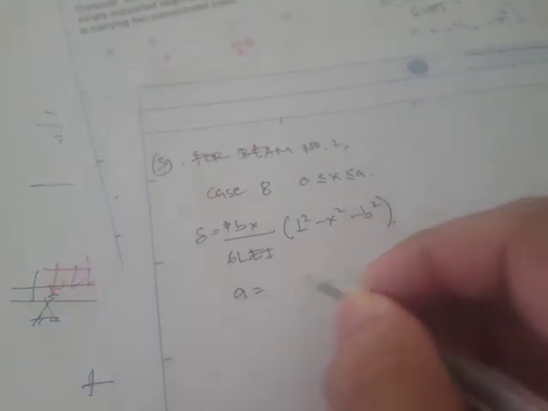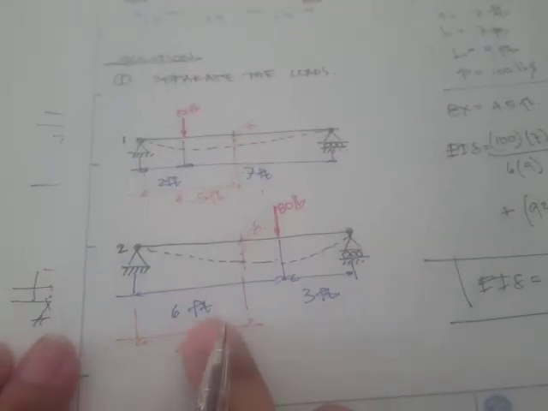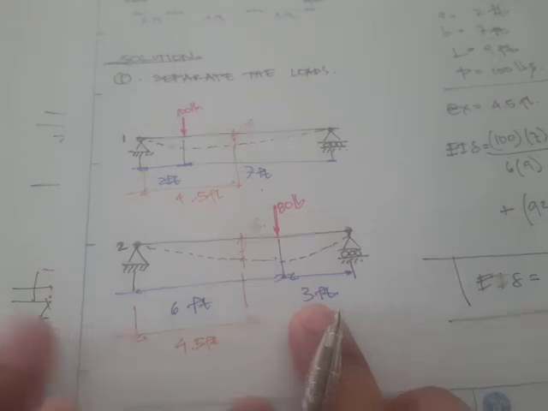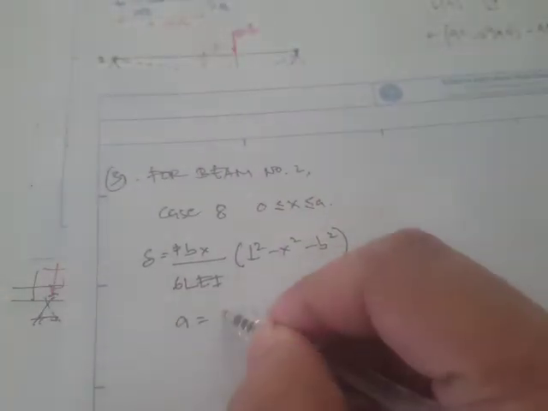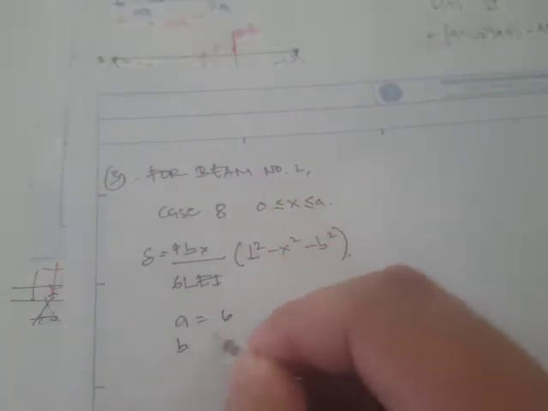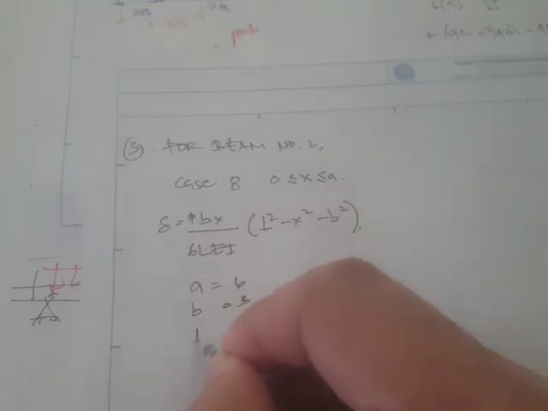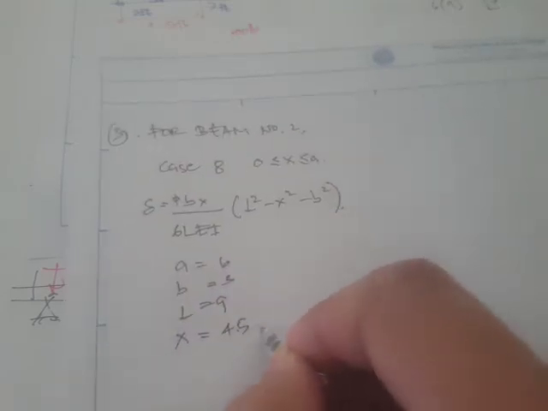Okay, what is a? A is equal to 6 and B is equal to 3. L is 9 and X is still 4.5.